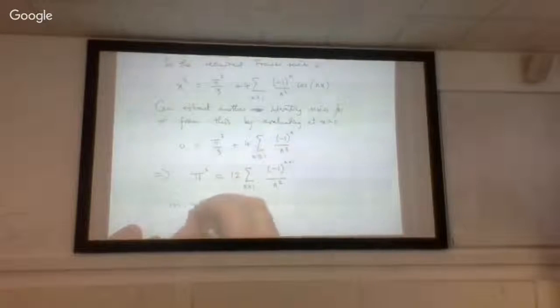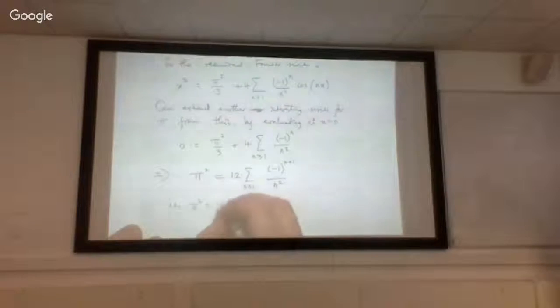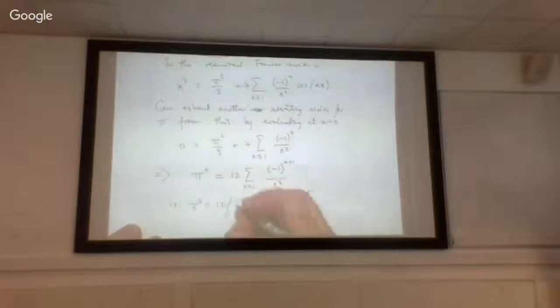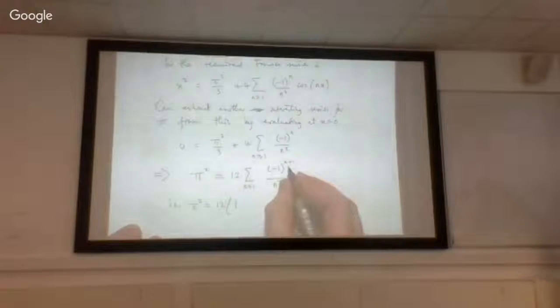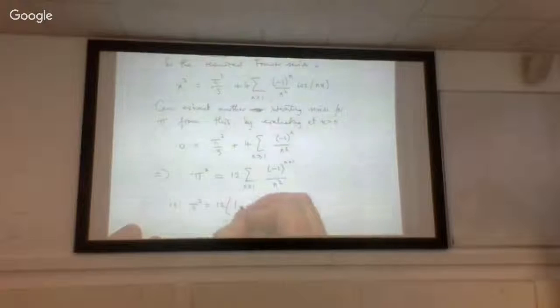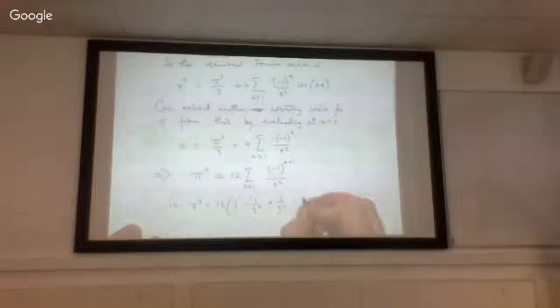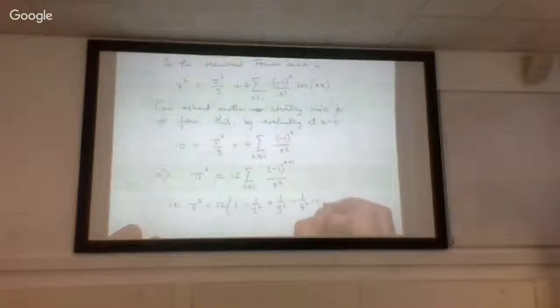That is, the square of pi seems to be equal to 12 times this series. It is plus 1 for n equal to 1, minus 1 over 2 squared, plus 1 over 3 squared, minus 1 over 4 squared, and so on.